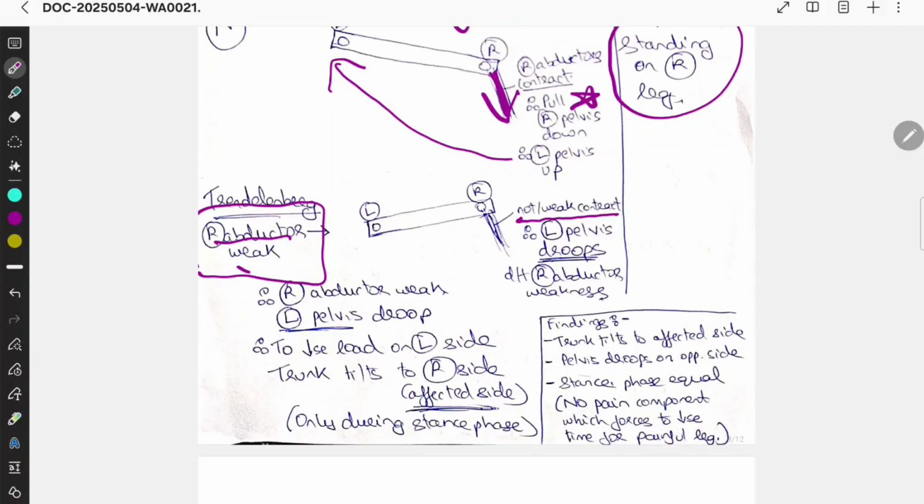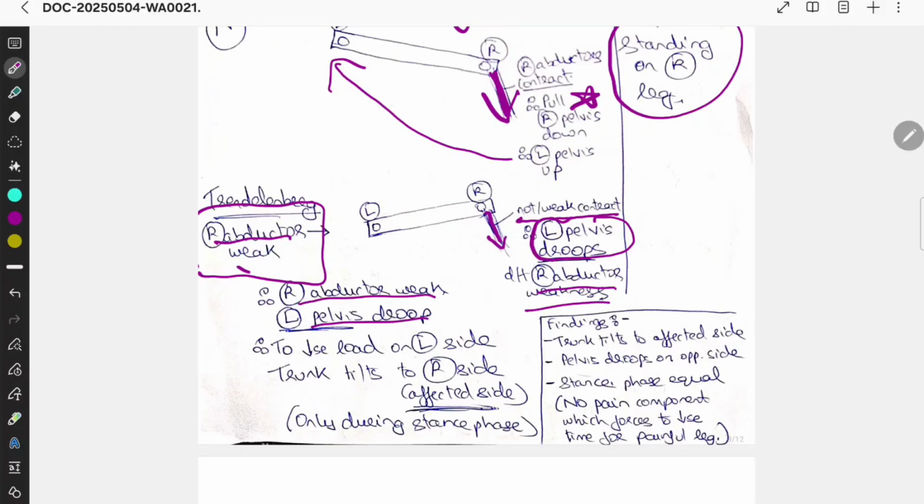So it will not be able to generate sufficient force to pull the right sided ASIS inferiorly, and pull the left sided pelvis superiorly. So what happens is left sided pelvis droops due to right sided abductor weakness. Okay, so whenever there is a pathology in right abductor, left side pelvis droops.